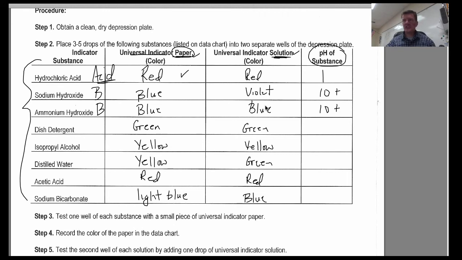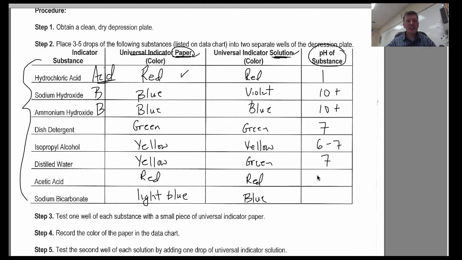The dish detergent is somewhat neutral, so it has kind of a light green, so we're just going to say a pH of 7. Isopropyl alcohol is in that neutral region as well, so it's around a 6 or a 7 there. The distilled water also is a yellow kind of green, so that's going to be around a 7 as well.